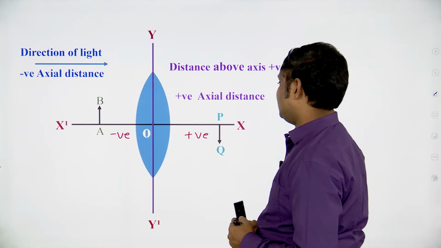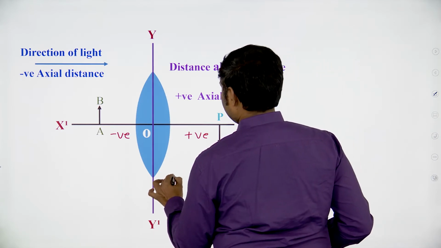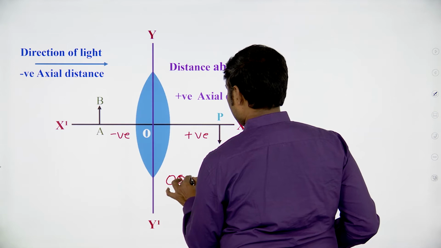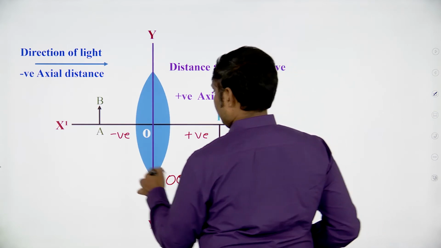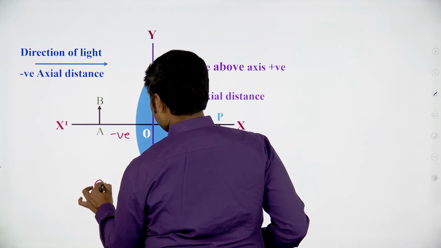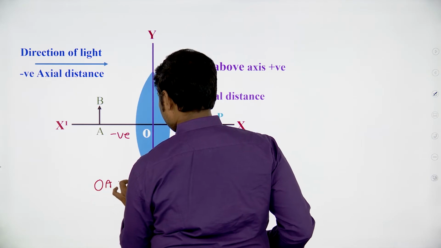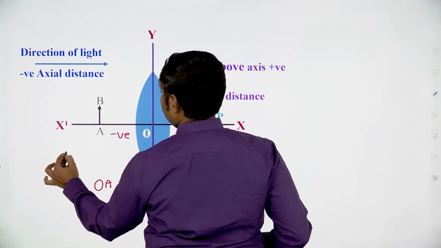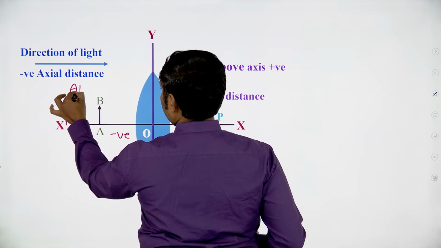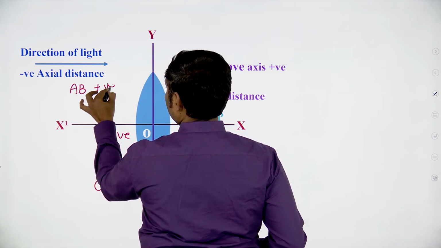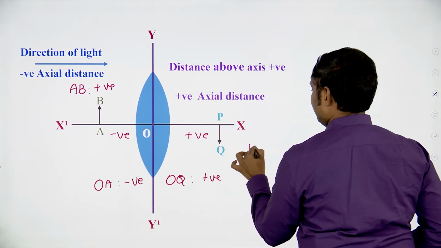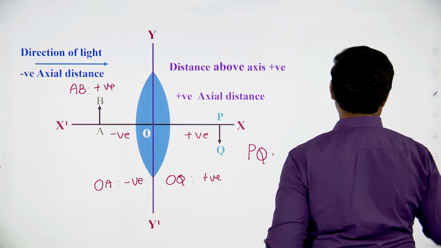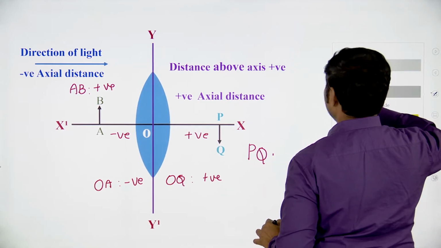So we can take OQ as positive. Here OA is negative. AB is positive. PQ is negative.